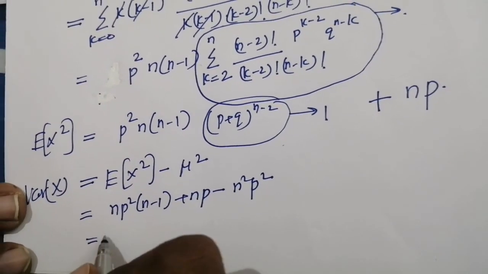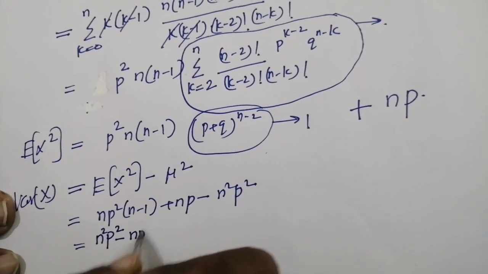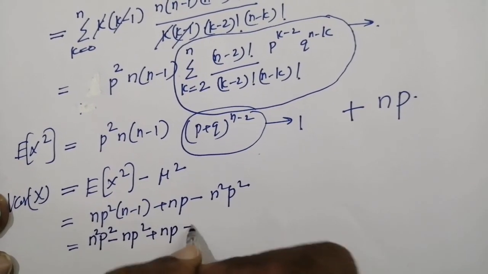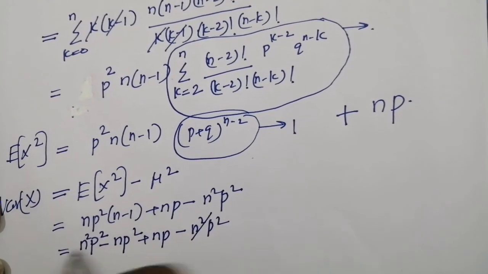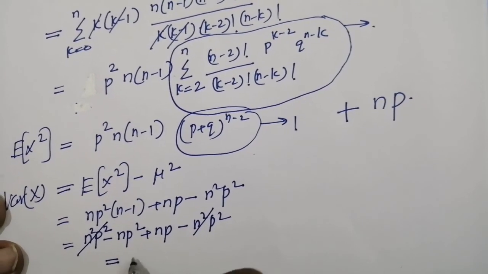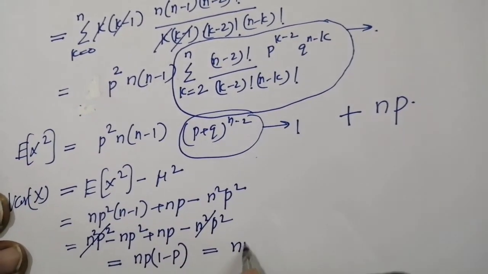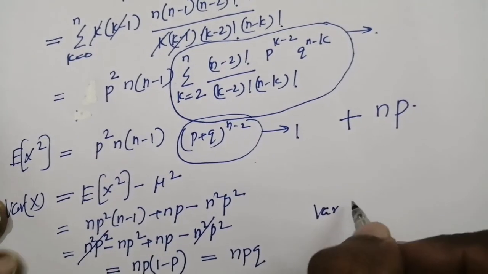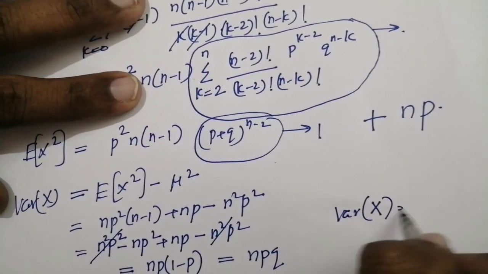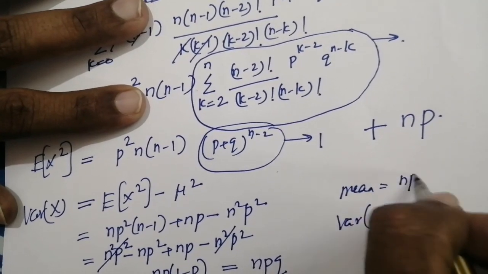So this can be written as n square p square minus n p square plus np minus n square p square. So this will cancel. Finally we will get it as np into (1 minus p). So this will be equal to npq. So variance of binomial random variable x is npq. Mean is np.